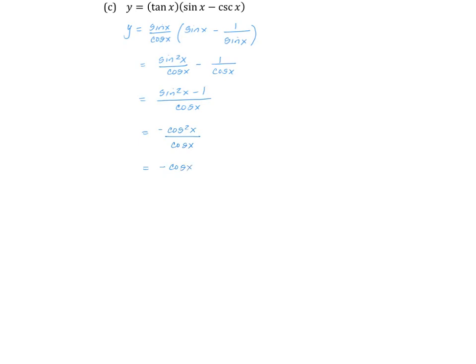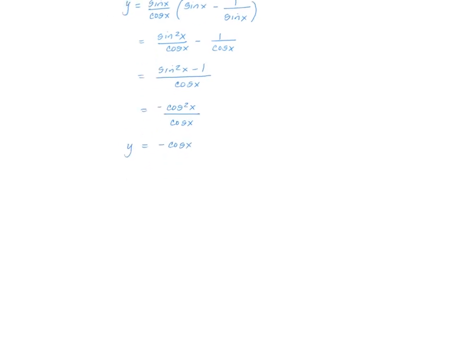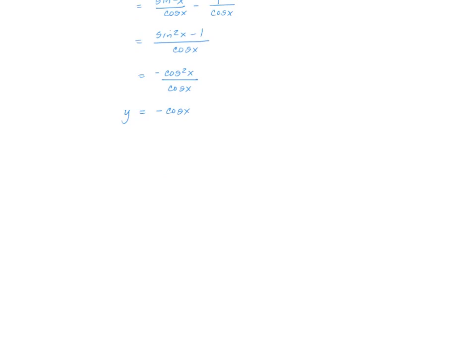And notice I still haven't even taken the derivative. I was just simplifying y. So if I was to find the derivative of y, the derivative of a negative cosine is a positive sine. So sometimes it's helpful to simplify expressions first, rather than jumping straight into the product rule.